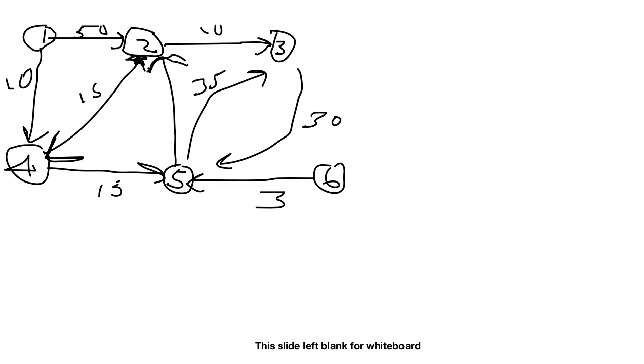So we now first of all start by pairing the distances. So we have 1, 2, 1, 4. Then we have 2, 4.